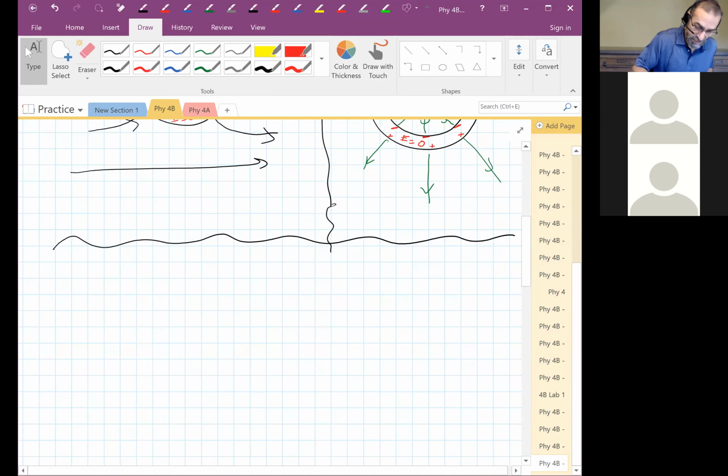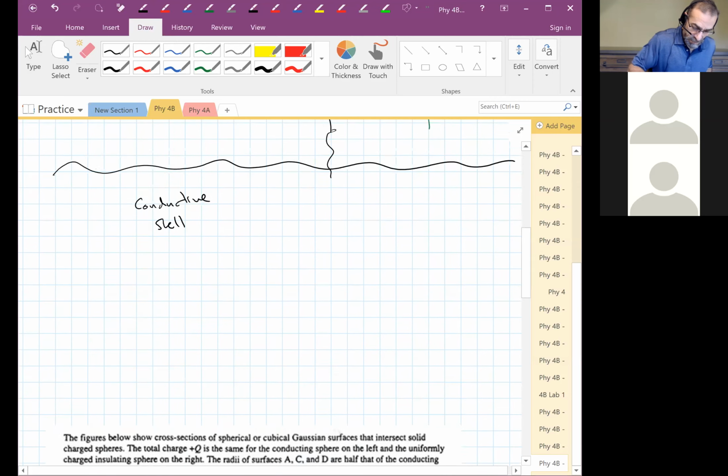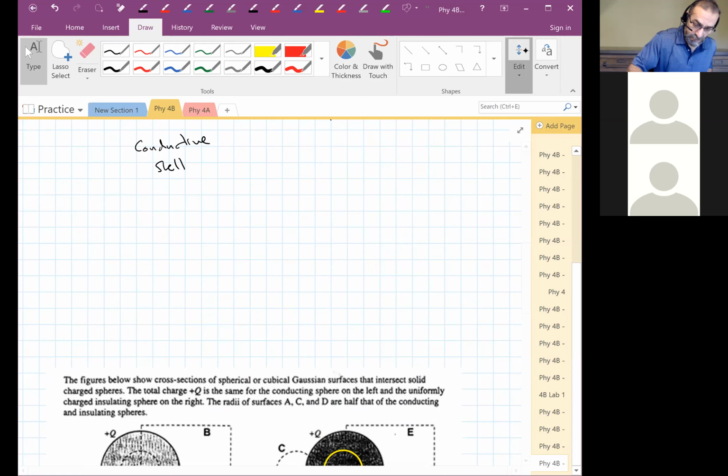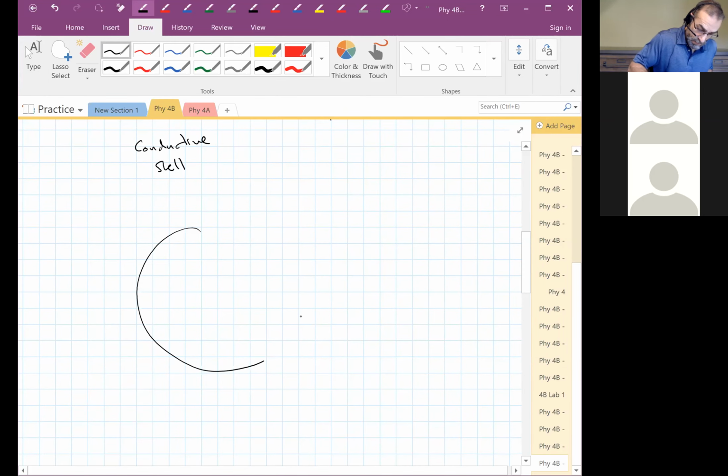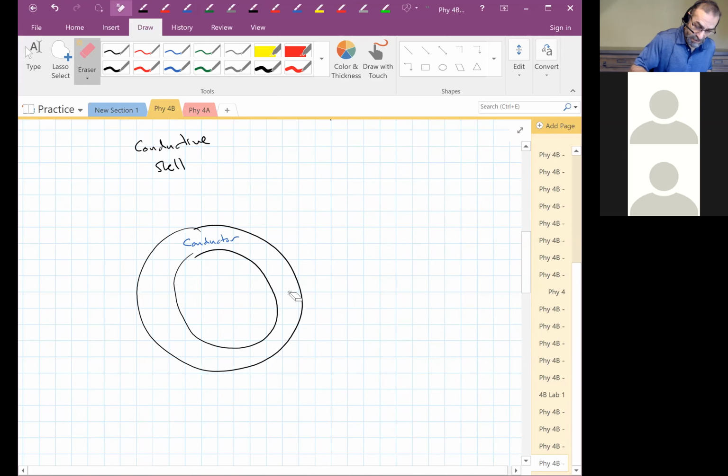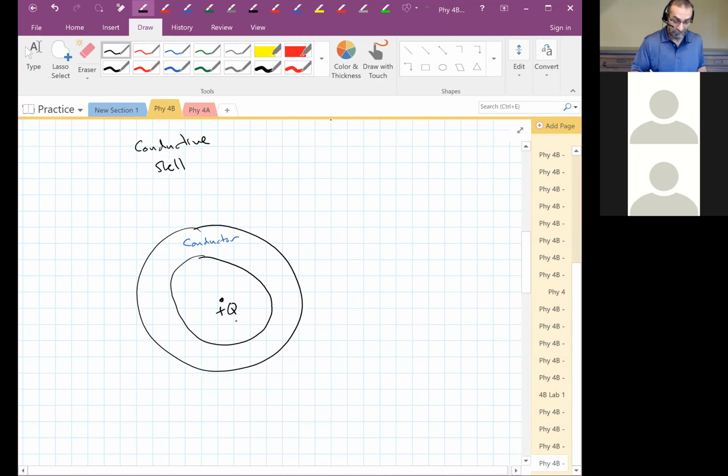Let's take our conductive shell. And this time, plus Q in here, right?